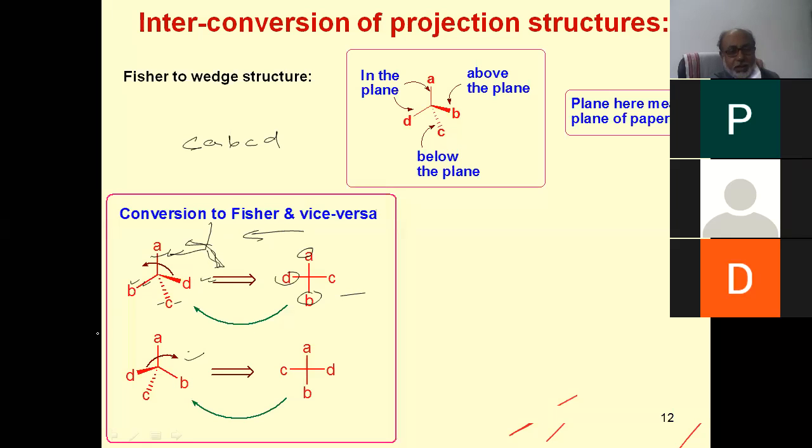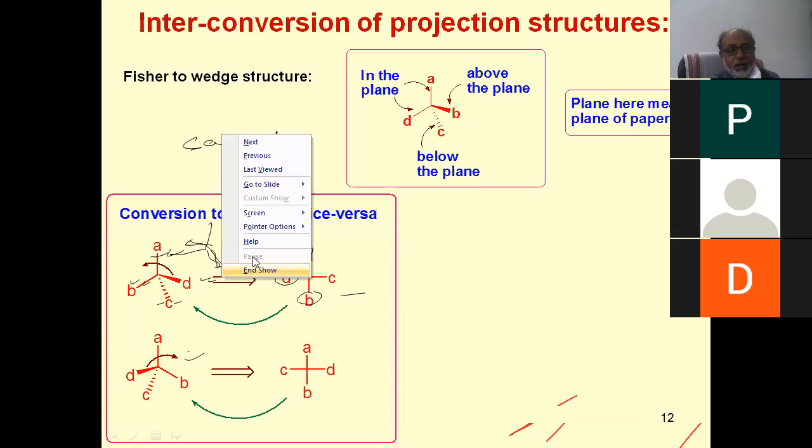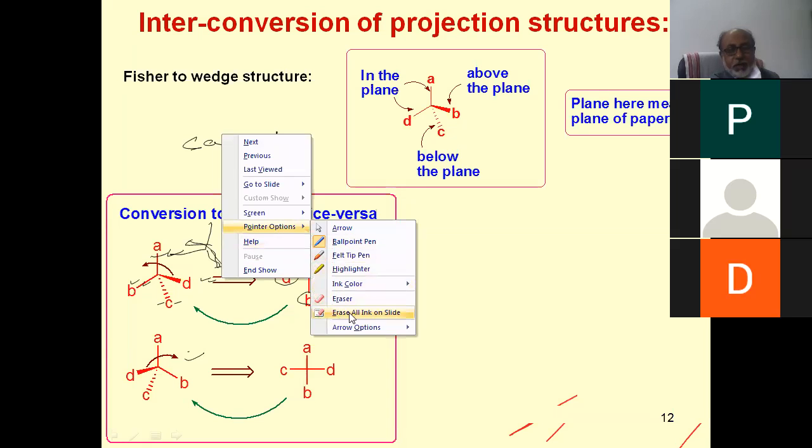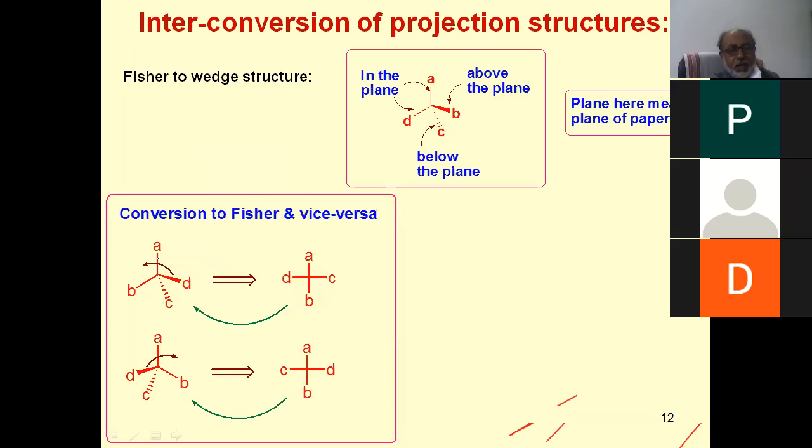Now, second example. Here, I am saying that we have to write with an angle this side, and this is above the plane, this is below the plane.